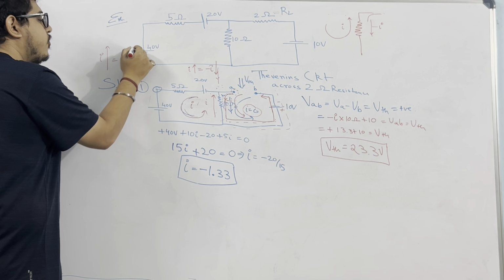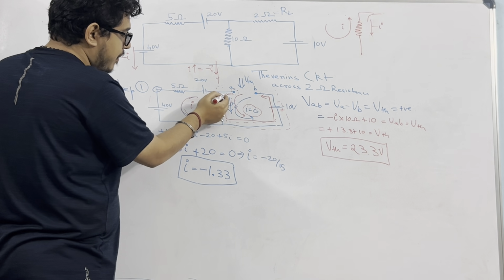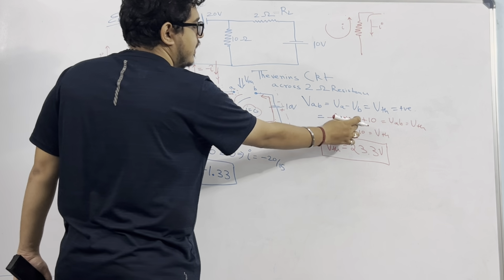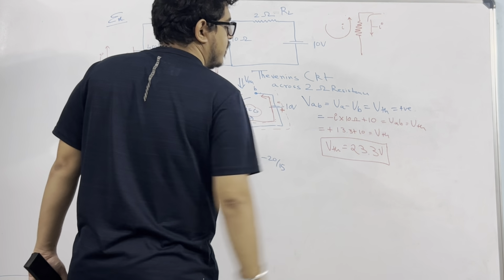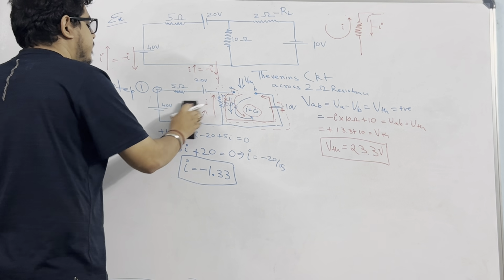Since I assume this direction to be positive, and I am coming like this, the current from top to bottom is minus I. So I write minus I into this resistance 10, plus, here I encounter 10 plus, so 10. Be very careful about the signs.